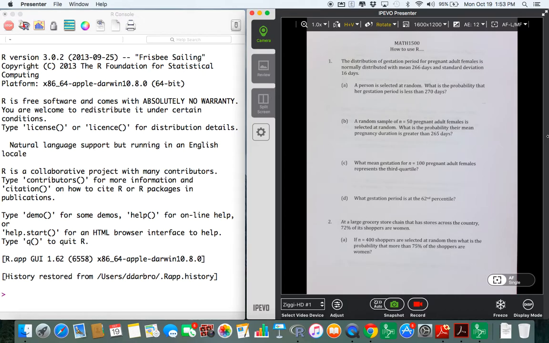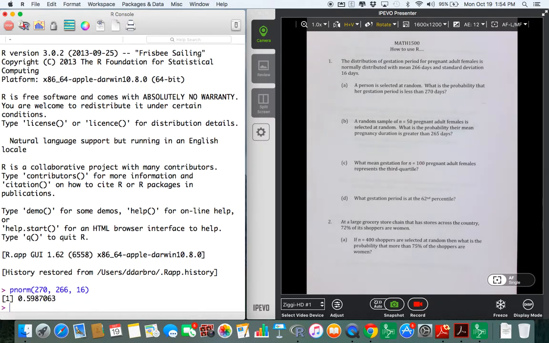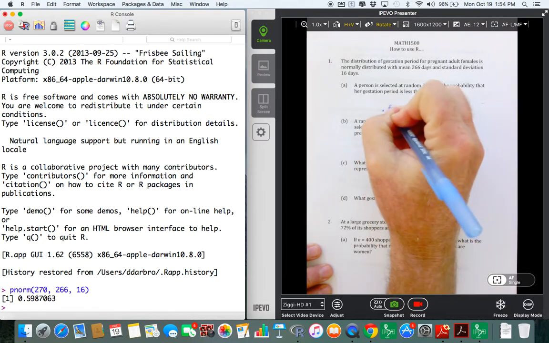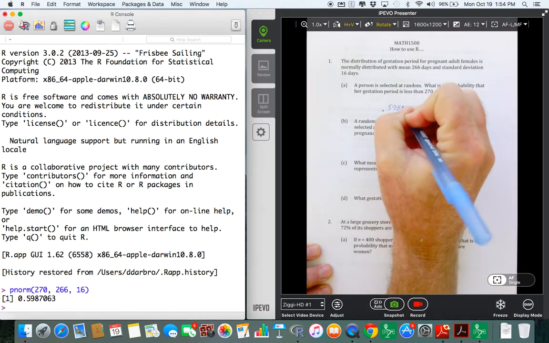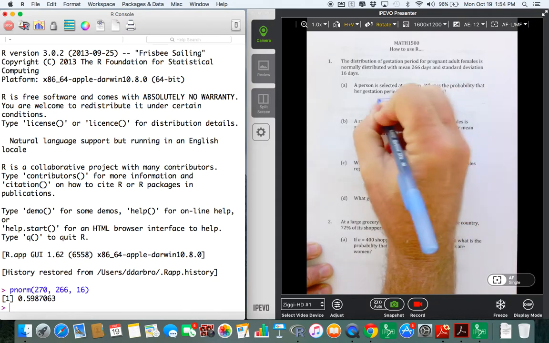A person is selected at random. What is the probability that her gestation period is less than 270? Man, that is so easy. P norm 270, mean 266, standard deviation 16. We're done. 0.5987. That's all you got to do.